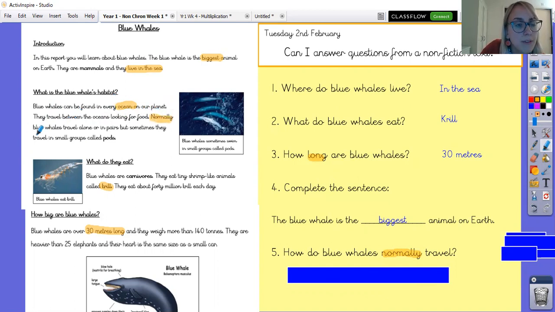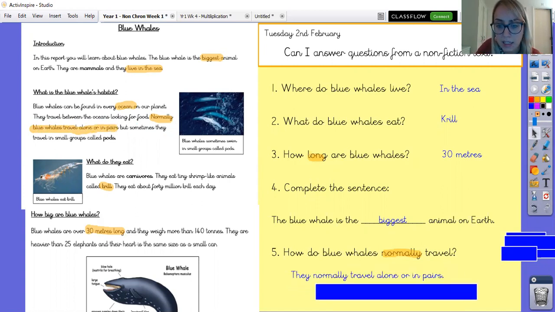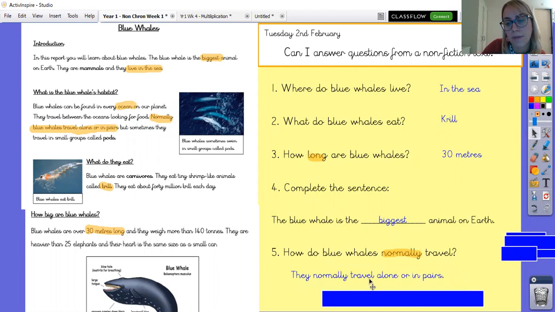Normally, blue whales travel alone or in pairs, but sometimes they travel in small groups called pods. Okay, so when I read that sentence again, I can see that normally blue whales travel alone or in pairs, and that's the part of the sentence that we need to put in our answer. So they normally travel alone or in pairs.